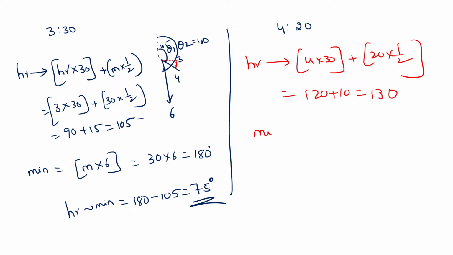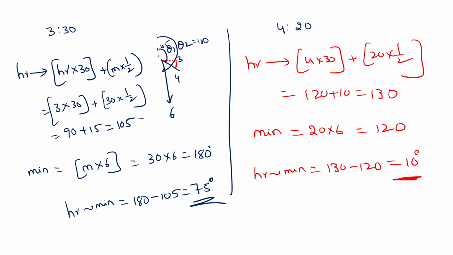Then find out angle made by minute hand. Simply minutes into 6, that is going to be 120. Last and final step, subtract one from the other, that is the angle between hour hand and minute hand, which is 10 degrees here. That's how you are going to find out angle between hour hand and minute hand.